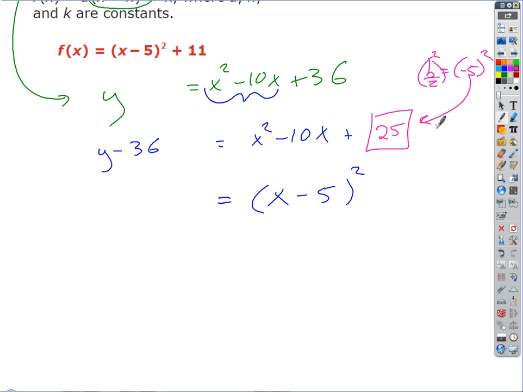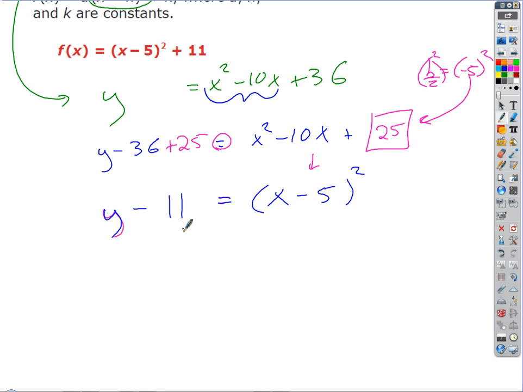Now we have to add it to both sides because it's an equation, so we have to treat both sides equally. Then on the right side, all of this became x minus 5 squared. On the left side, we were just stuck with y minus 36 plus 25, which is just minus 11.